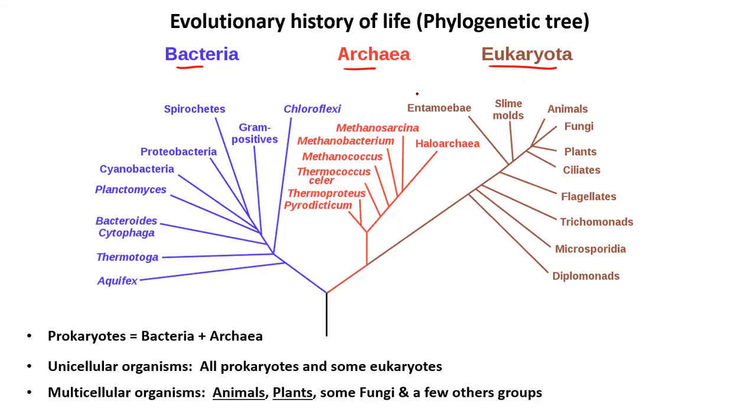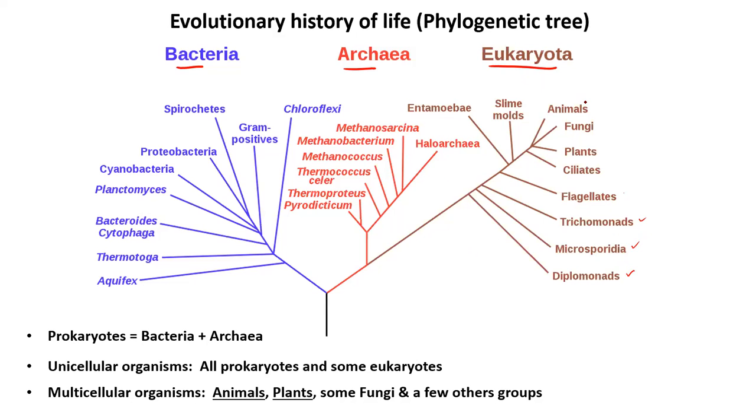Eukaryotes, those branches here. Some of those branches have mostly unicellular or only unicellular organisms. Now I'd have to verify which of those groups. There might be once in a while one species that is multicellular in those groups.